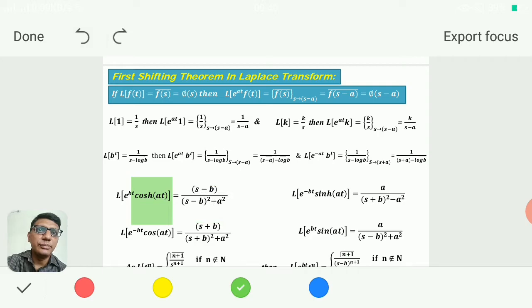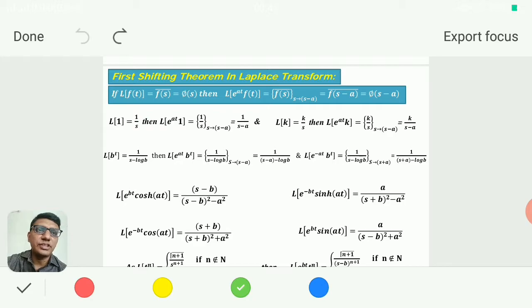Similarly, for sin hyperbolic at, we multiply sine hyperbolic at by e raised to minus bt, then we just replace s by s plus b everywhere in the formula.